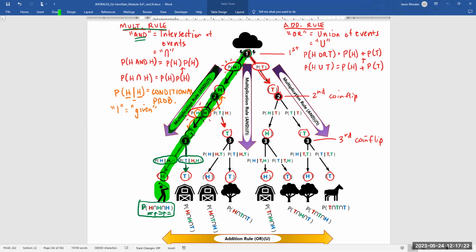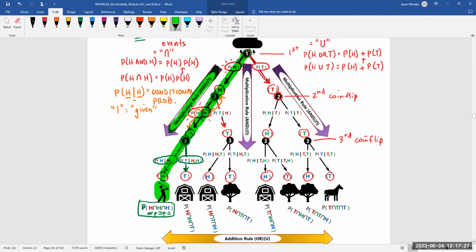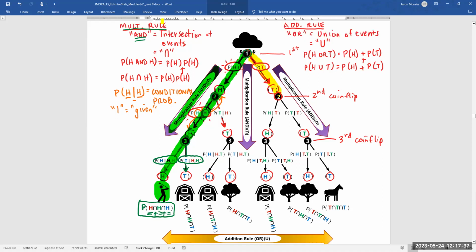And you can see as we trace down another path, so let's say instead of getting heads first, we got tails in the first flip, heads in the second flip, and then tails in the third flip.